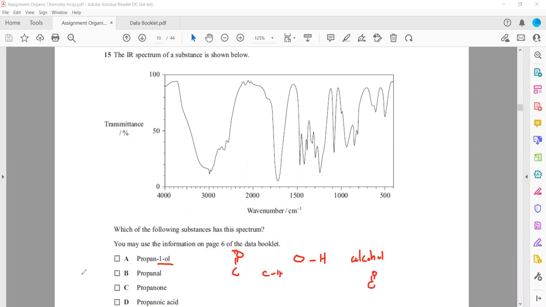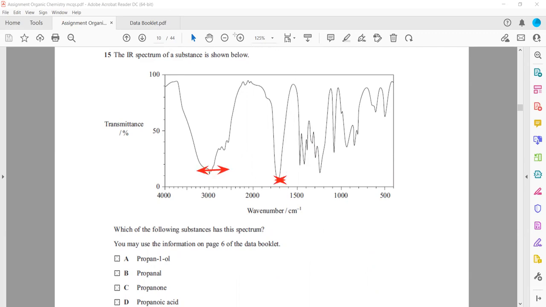And for propanoic acid, we should check C double bonded with O and then OH. So we'll check the corresponding peaks. For example, if it was an alcohol, then the OH peak should be there. So for alcohol, we are getting a broad peak here. In this region there is a broad peak, and in this region we have a sharp peak.